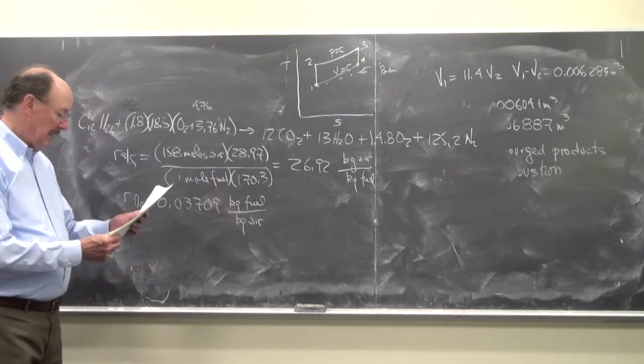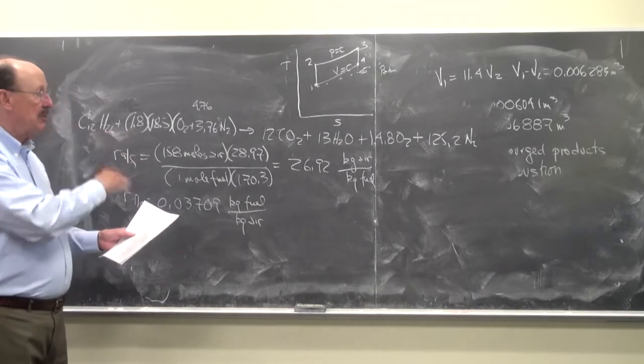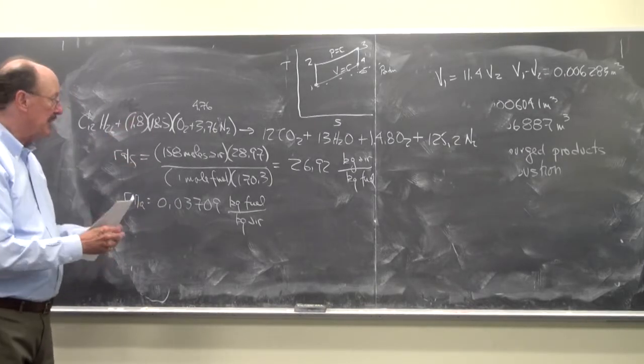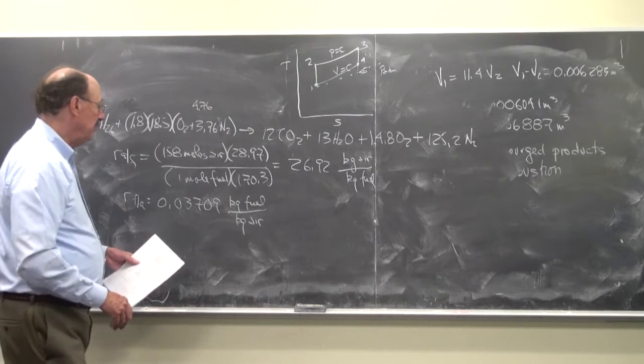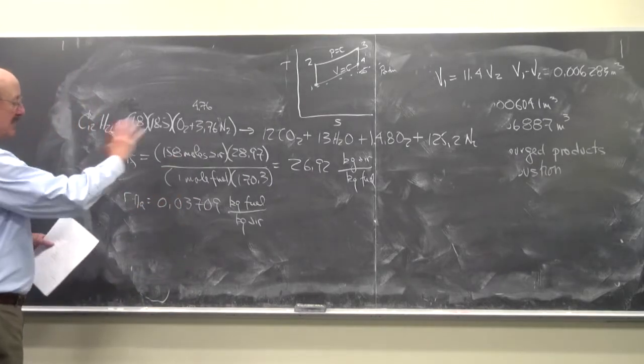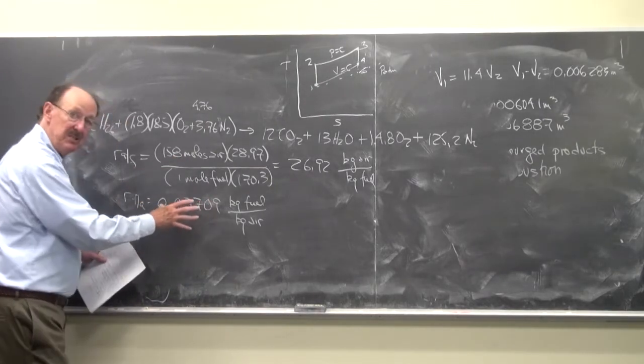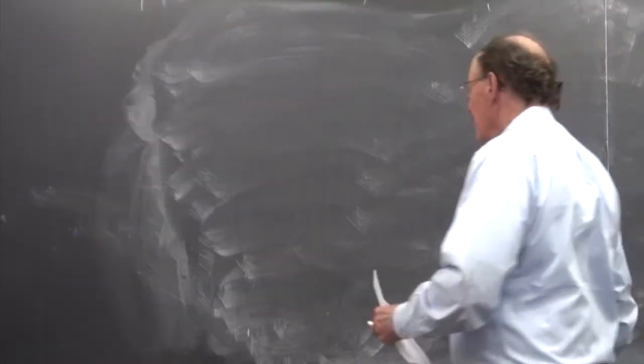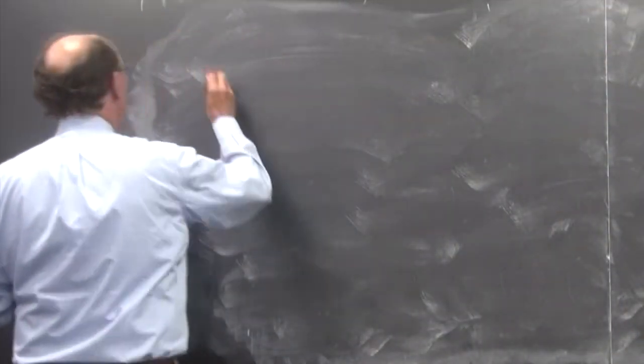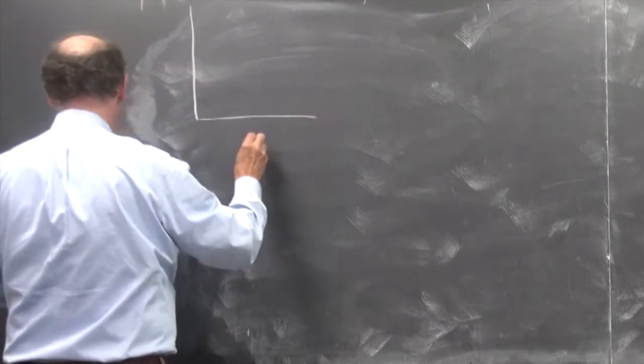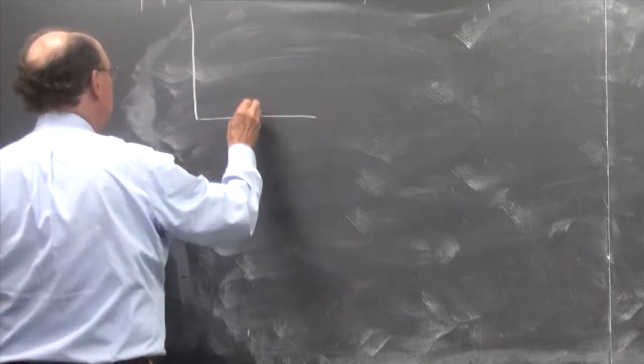Now let's go through the cycle. So now we have to go through the cycle and find all the cycle state points and all that sort of stuff. So let's do that. I'm going to erase this. I have the important piece of information that I needed. So if we draw our PV diagram for this, it helps us stay on track.